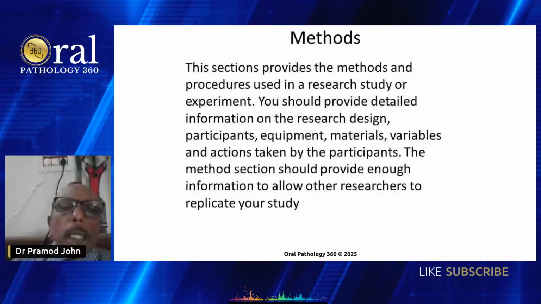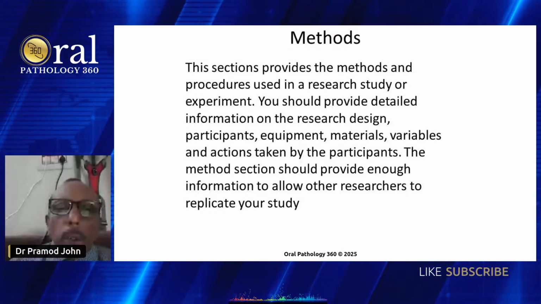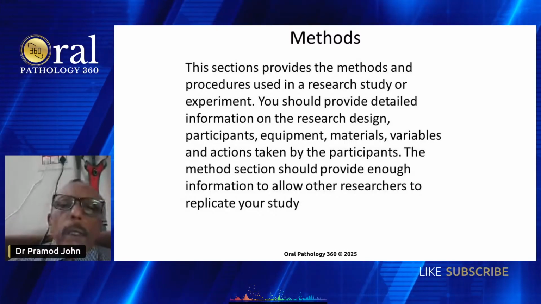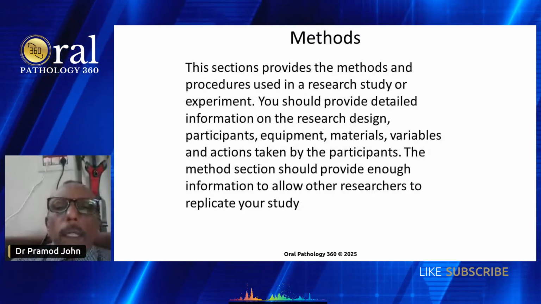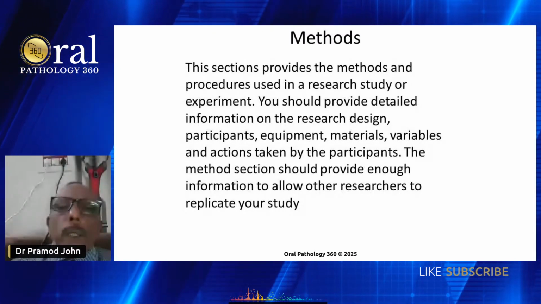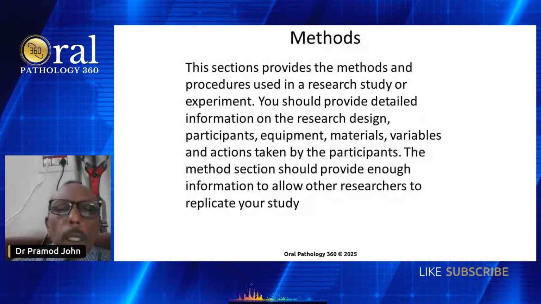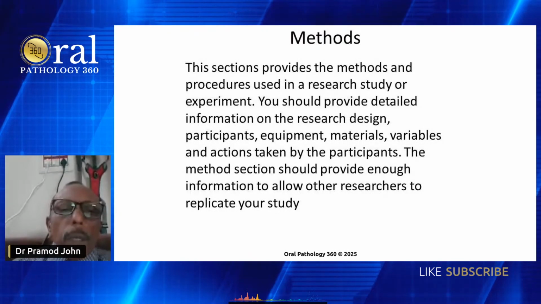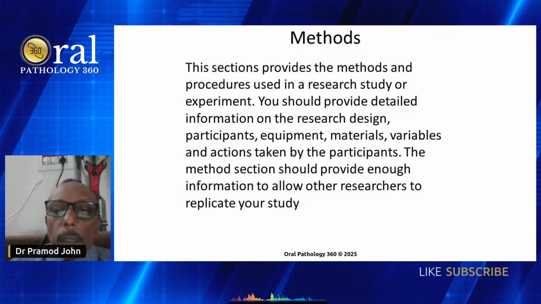Methods. This section provides the methods and procedures used in a research study or experiment. This is also called methodology. You should provide your study design, where you did the study, what your sample size was, how you went about it, what equipment you used, who the participants were, and what the variables and actions taken by the participants were.